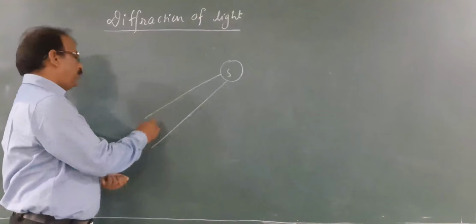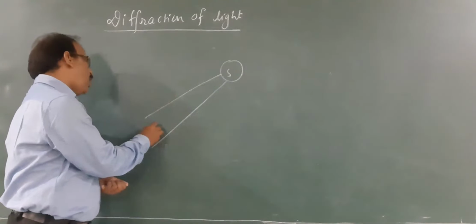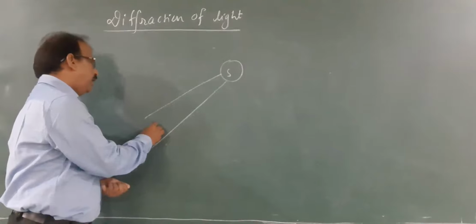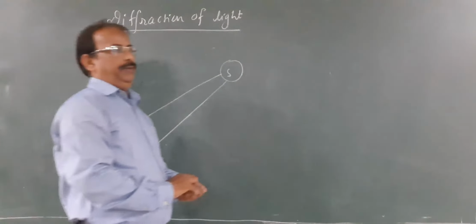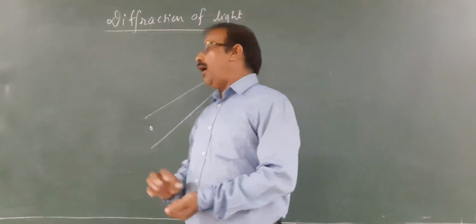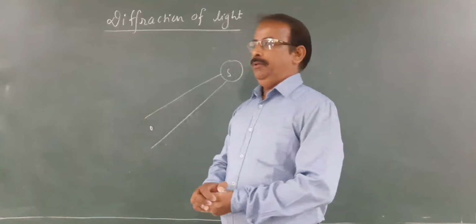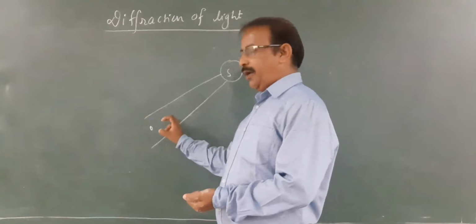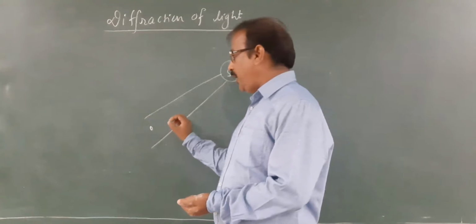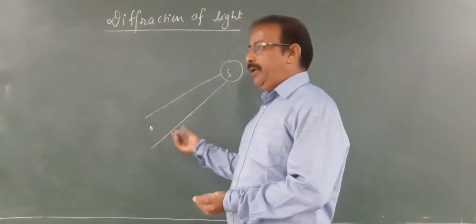Across the path of this light, consider one small obstacle. The size of the obstacle should be comparable to the wavelength of the light. The size of the obstacle should be very, very small compared to the wavelength of the light.